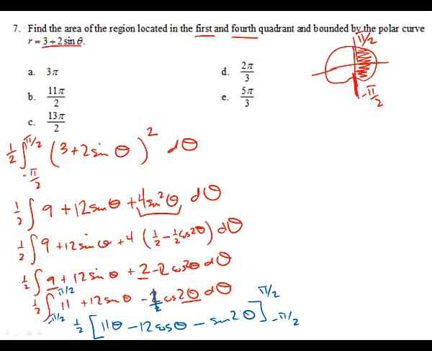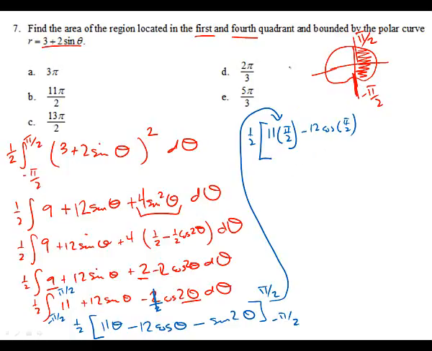All right, at this point, you're plugging in. Do you want me to keep going or no? Yeah, okay. So 1/2, check out what happens with this. This is pretty awesome. All right, so we've got 11 times pi over 2, which would be 11 pi over 2, right? Minus 12 cosine of pi over 2.